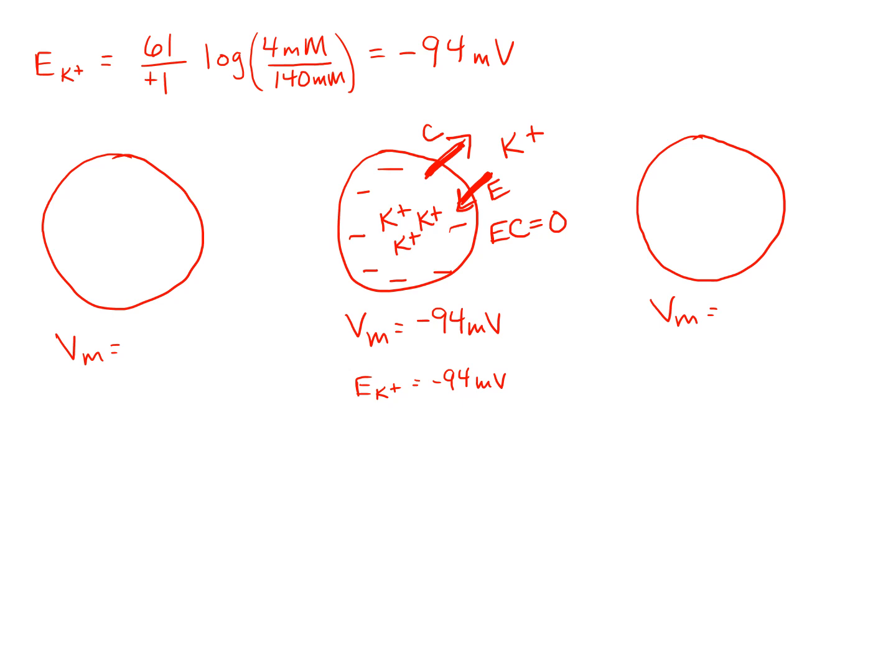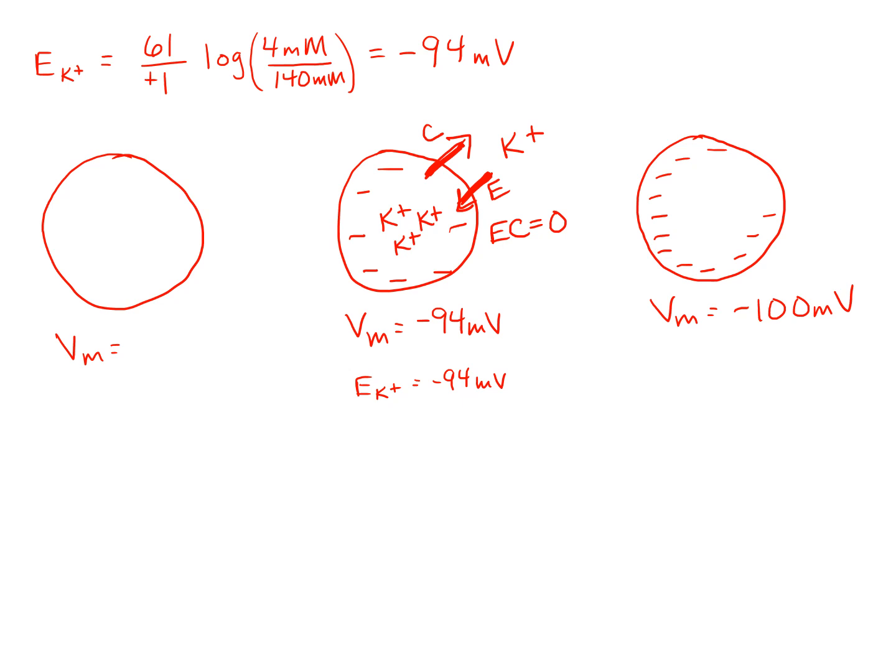Okay, so if potassium was not at its equilibrium potential, it will move. So let's say that our membrane potential is at minus 100 millivolts instead. So if our membrane potential is at minus 100 millivolts instead of minus 94, you have more negative charges inside the cell than you do at minus 94.